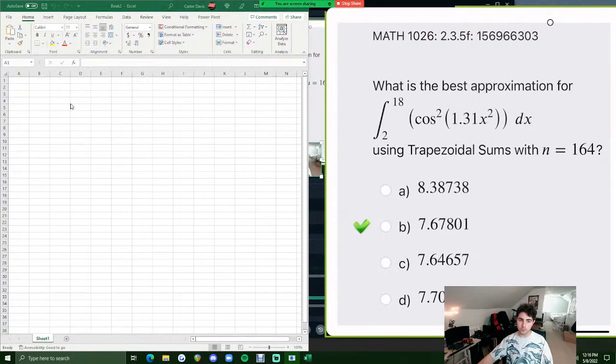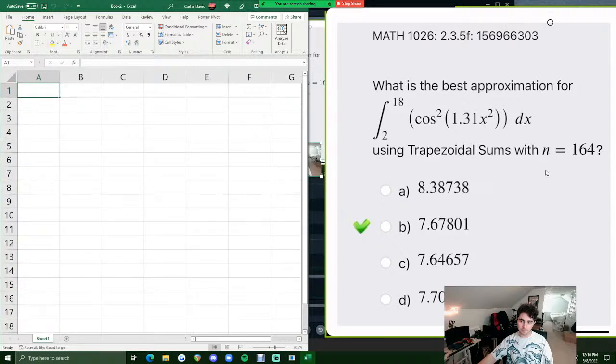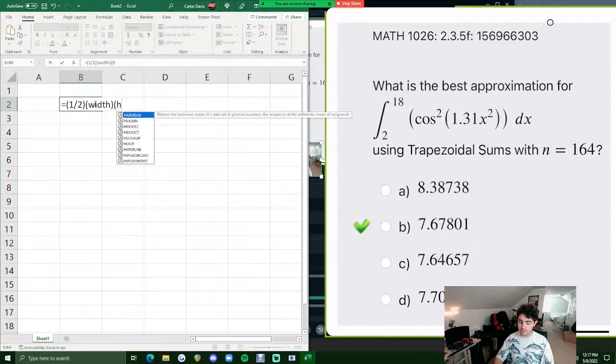So in this problem, we are using a trapezoidal sum from 2 to 18. We want to sum up 164 trapezoid areas. The formula is essentially 1/2 times the width of each trapezoid times the first height plus 2 times the second height plus 2 times the third height and so on.